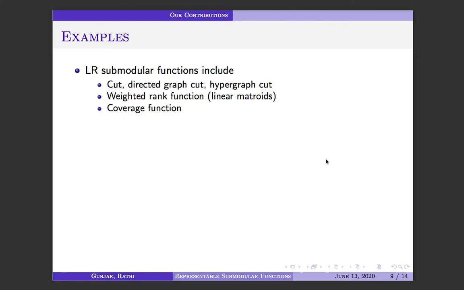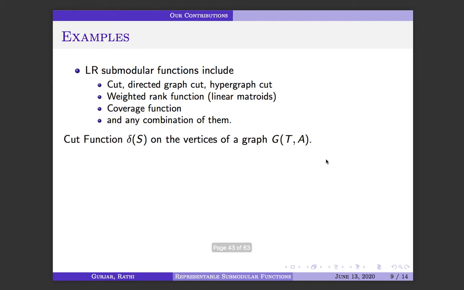And the coverage function we saw in the beginning is linearly representable. More importantly, if you take any combination of these functions by taking complement or adding them up, that also remains linearly representable. So for an illustration, let's see how the cut function on a graph can be linearly represented.